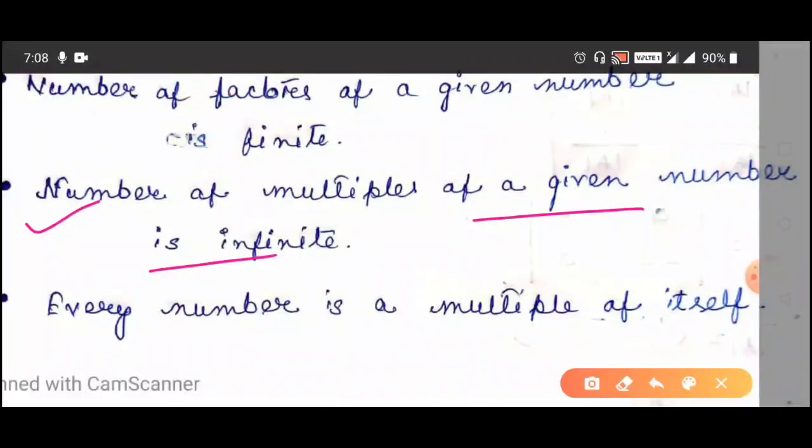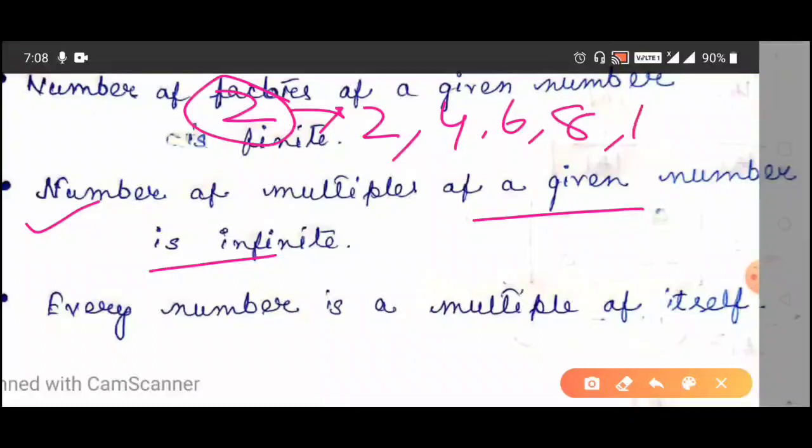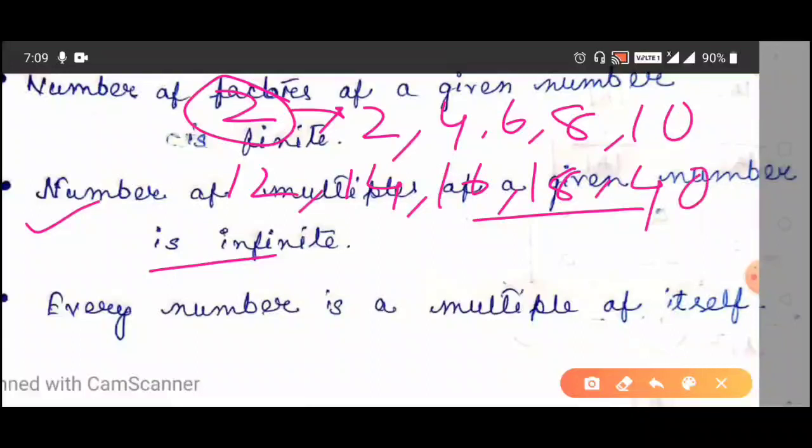Suppose we are taking the number 2 and we have to find the multiples of 2, then the multiples of 2 will be 2 into 1 is 2, 2 into 2 is 4, 2 into 3 is 6, 2 into 4 is 8, 2 into 5 is 10, 2 into 6 is 12, 2 into 7 is 14, 2 into 8 is 16, 2 into 9 is 18, 2 into 20 is 40, 2 into 25 is 50.